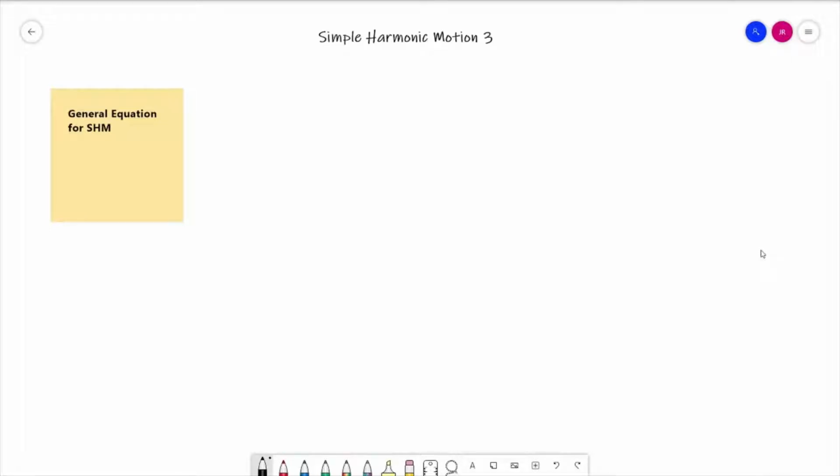Now in the last lesson we derived the general equation for simple harmonic motion, which said that a is equal to minus omega squared x, where omega, just like we did in circular motion, we're going to take normally and mainly in this topic as 2 pi over T. Now obviously in the first two lessons of this topic we've been looking at simple harmonic motion in general terms.